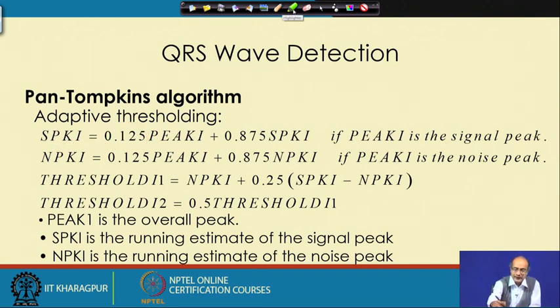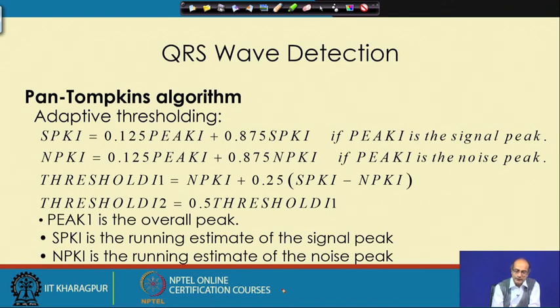And after that we go for the selection of the threshold, and the philosophy is very simple: the threshold should be above the noise peak, so that no noise peak is detected, and it should be much lower than the signal peak, so that we are able to catch all the signal peaks. There should not be any miss of a signal peak.